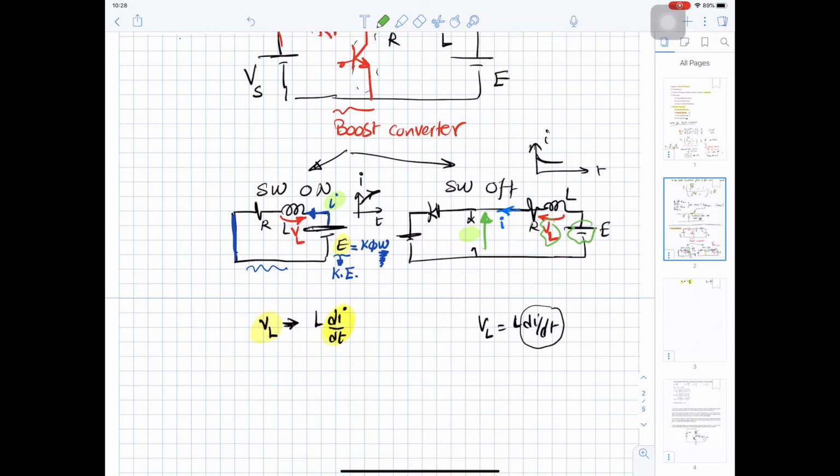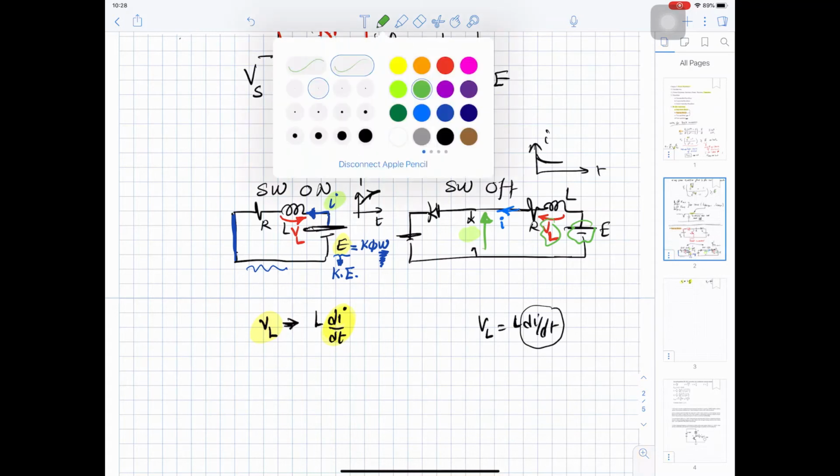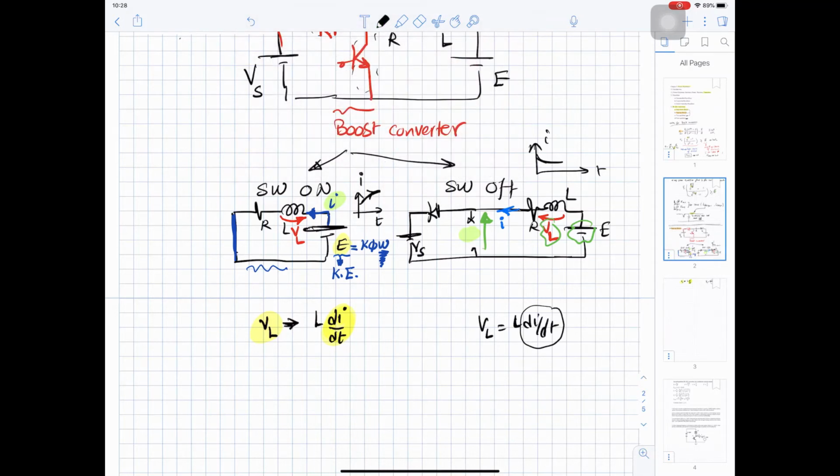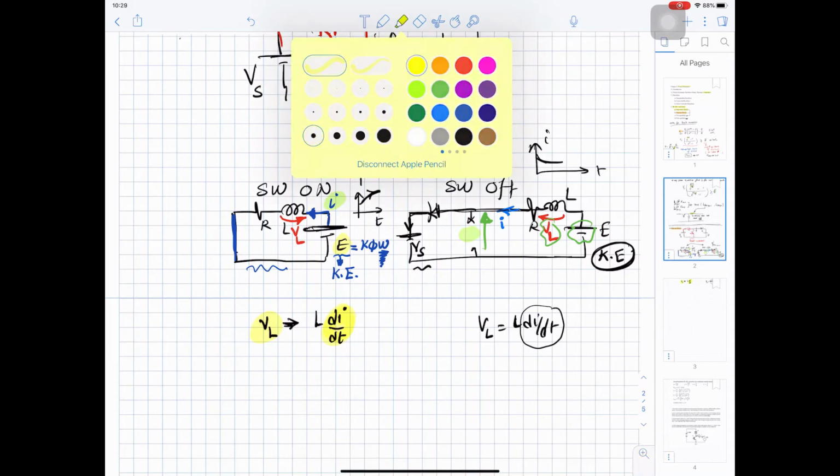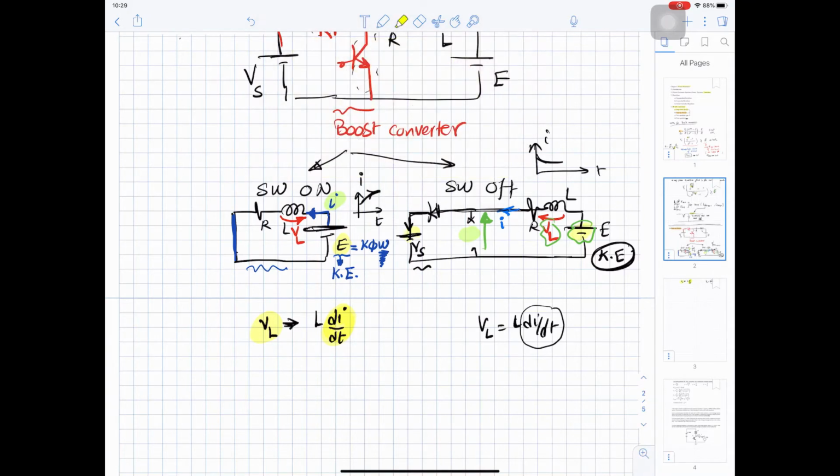So V inductor is supporting E to be larger than Vs, and now the current will go back to the source, or you are returning some of the kinetic energy from E to the source, and you can do regenerative braking.